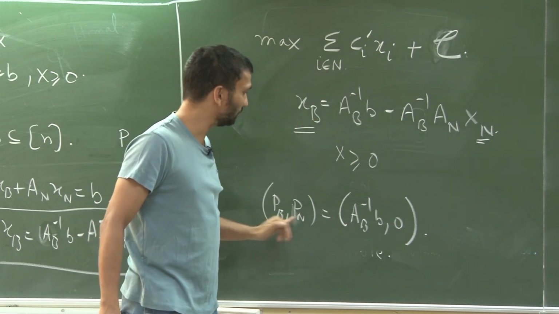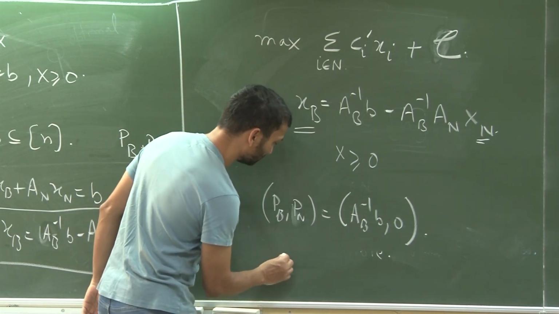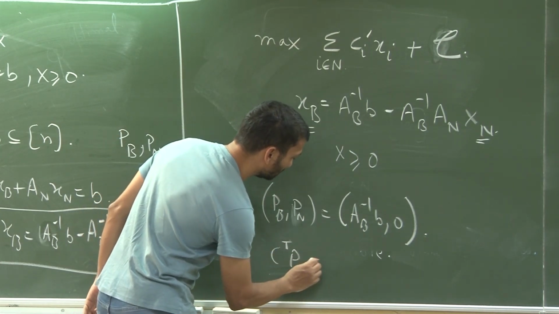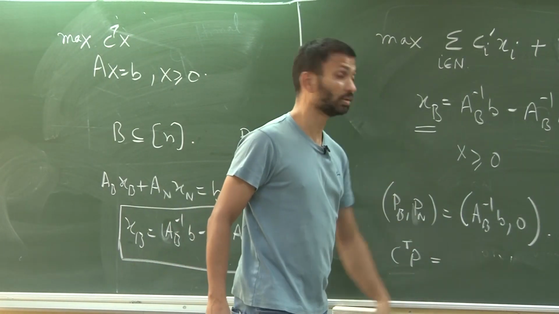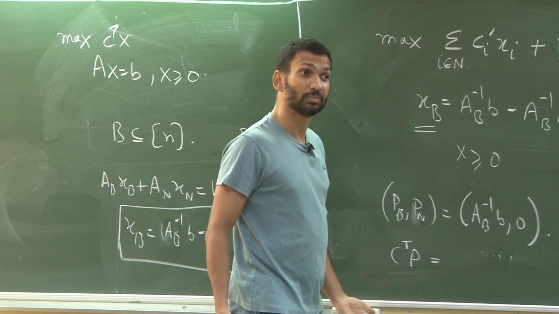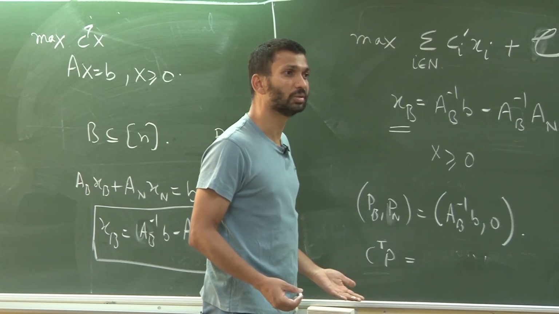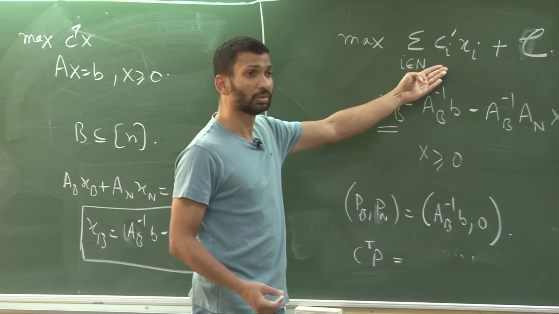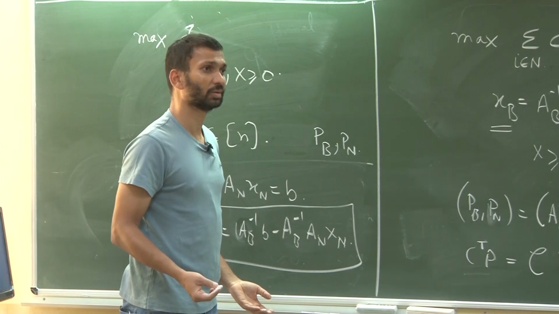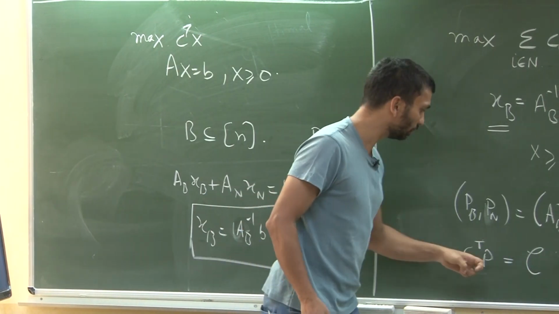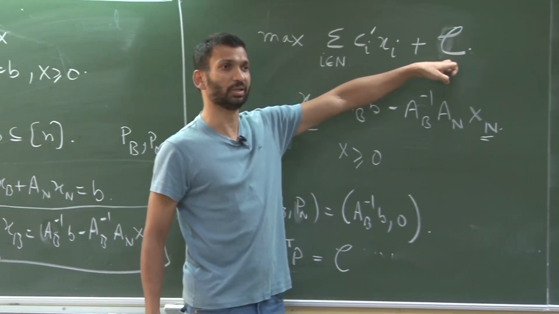So that means my PB has to be AB inverse B. And my objective value is, so I should say C transpose P, where C is the original C, this is equal to what do we know about non-basic variables? Right? So the objective value at this basic feasible solution is just this constant which is appearing here.